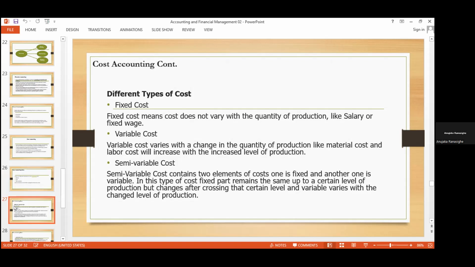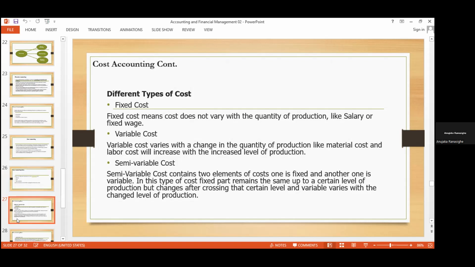Fixed cost means the cost does not vary with the quantity of production, like salary or fixed wages. Another one is variable cost.